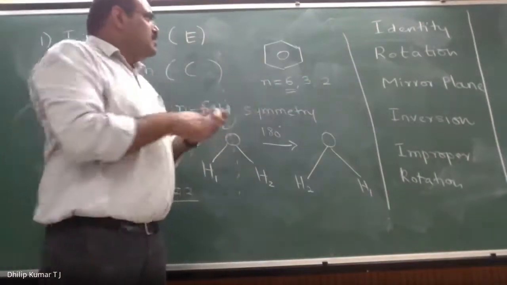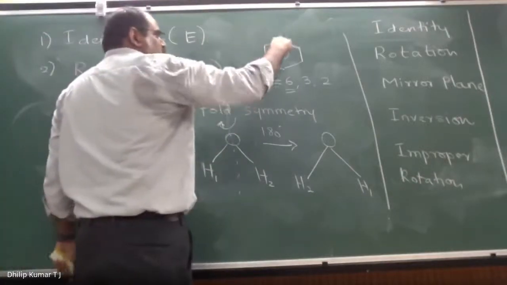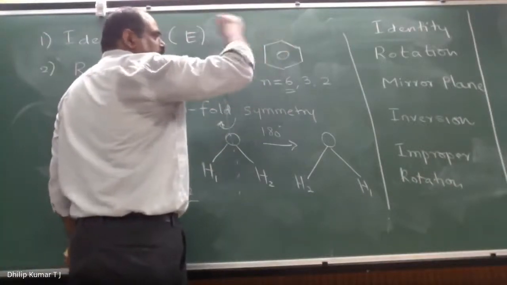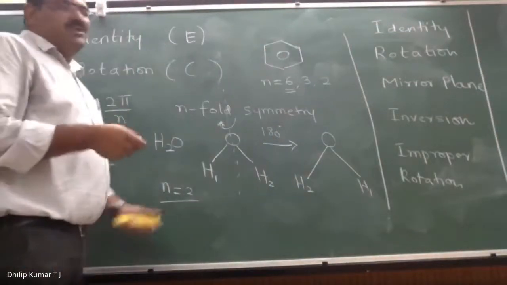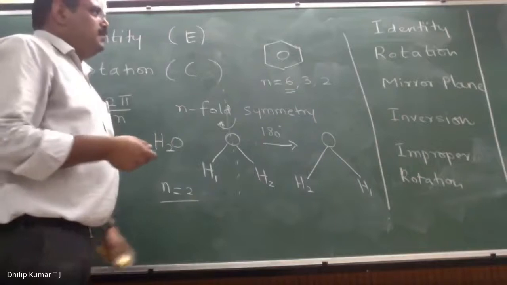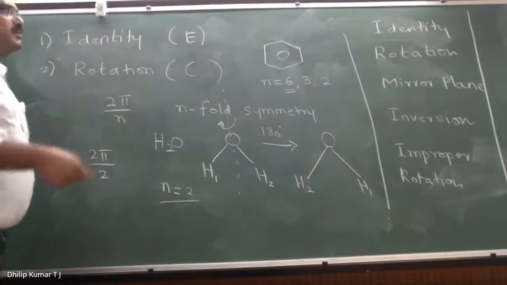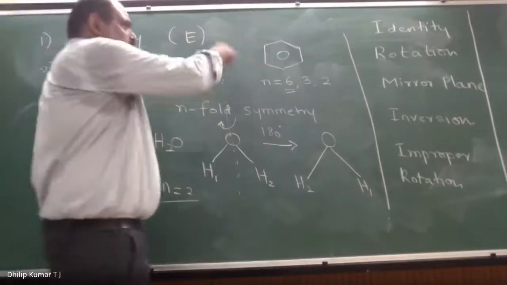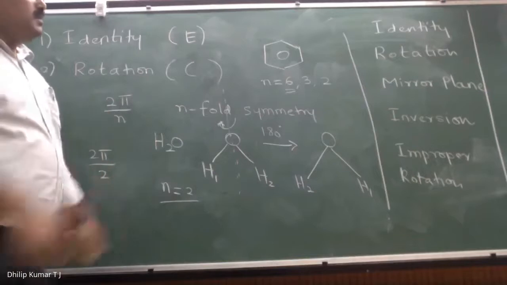So you place the molecule on this board, and then you can rotate it by 120 degrees. Then you will get the indistinguishable, equivalent image. You will get it 3 times: 120, 120, 120. So rotate 3 times, and you will get back its original shape. But for every 120 degrees, you will get the equivalent structure.